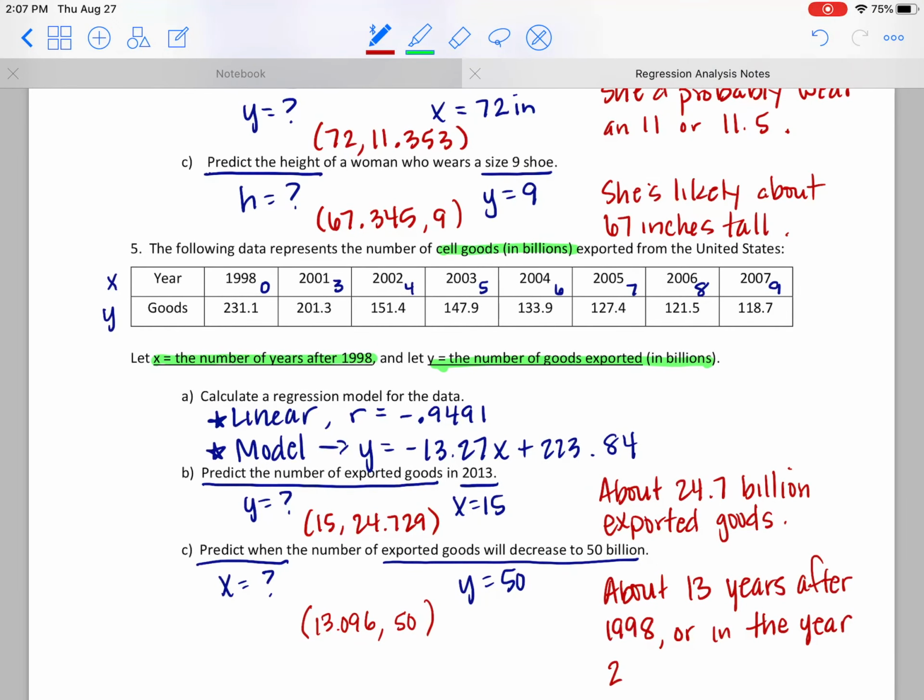That would be 2011. Okay, there it is. So that's your regression analysis.